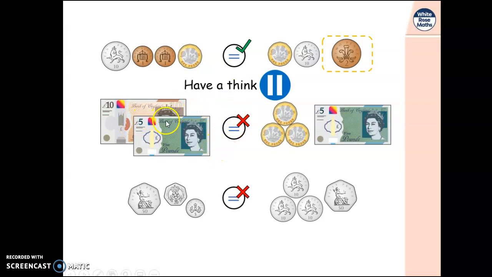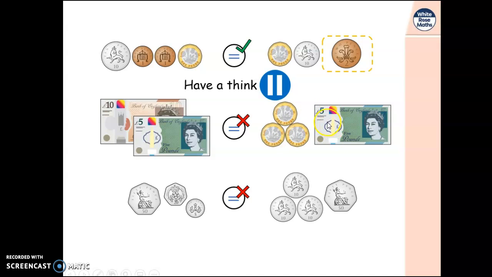So now we have a £10 and a £5. 10 add 5 is 15. On the other side, we have a £5 note and three £1. 5 add 3 is 8. So we need to get from 8 to 15. Now if you remember, when we're adding, we can make 10 and then add the rest.